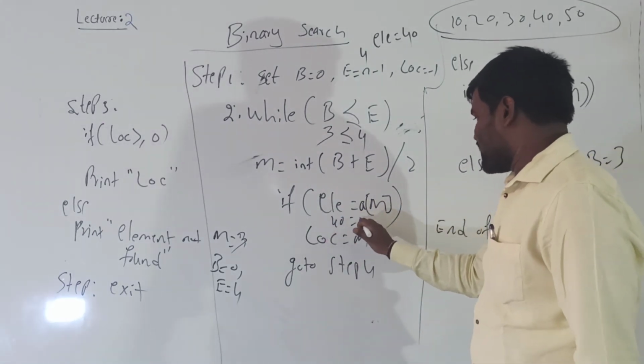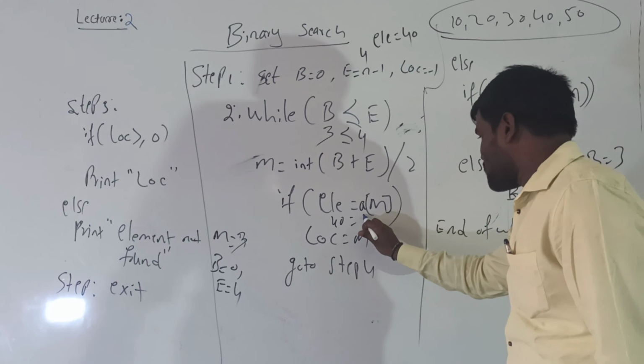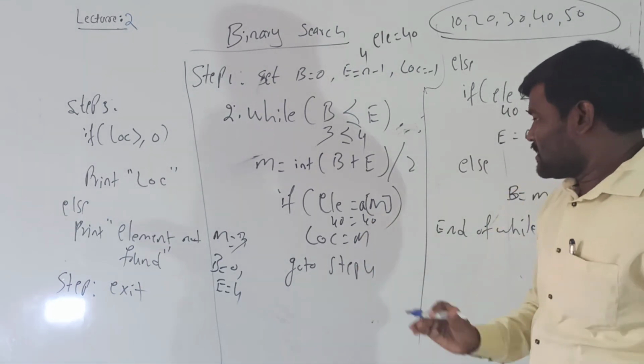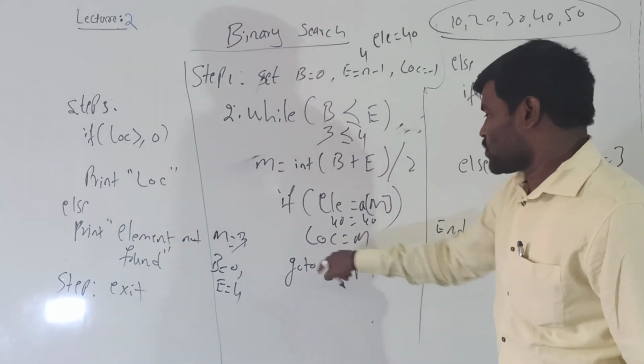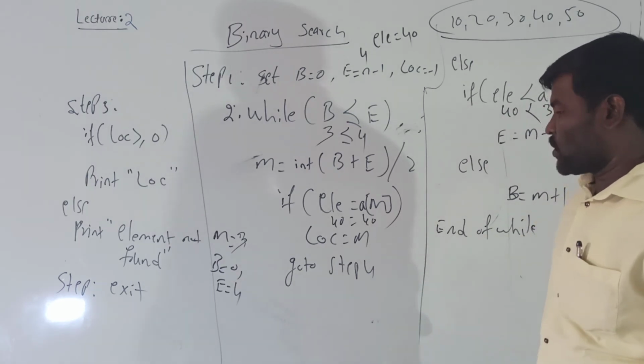Searching element 40 equal to a of 3? A of 3 is 40, 40 equal to 40, condition is true. True means 3 is stored in location, go to step 4.